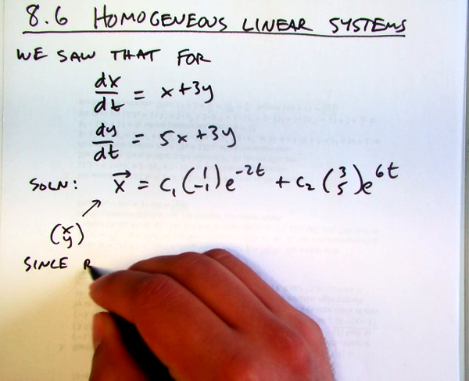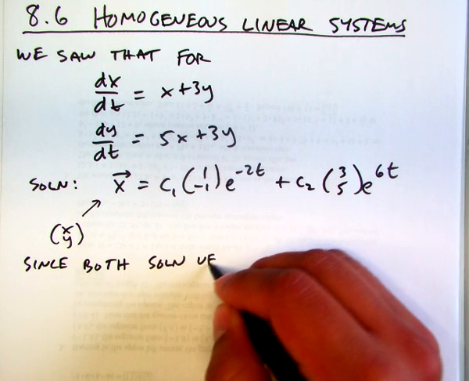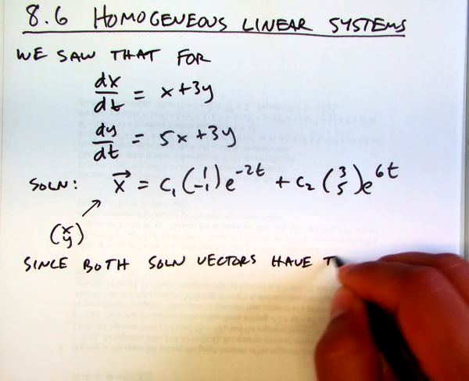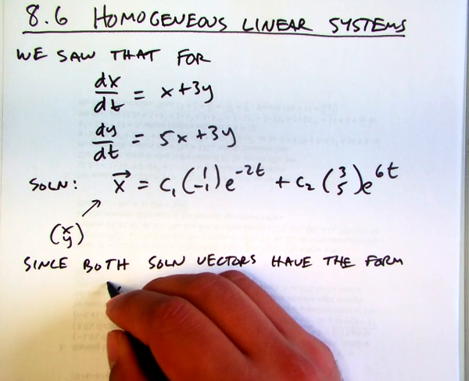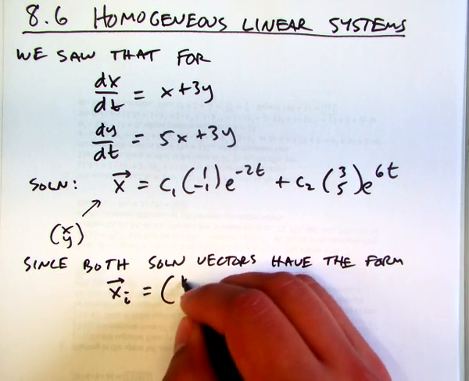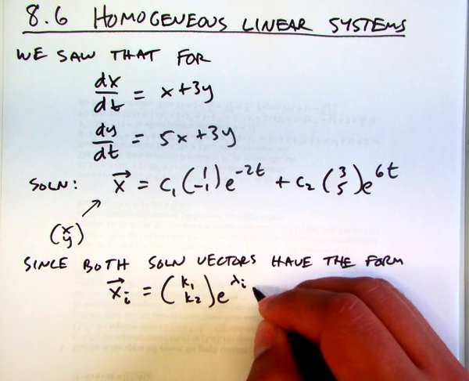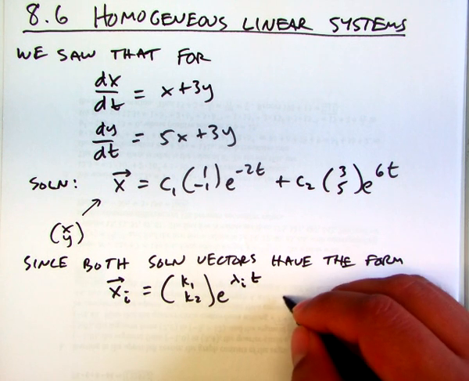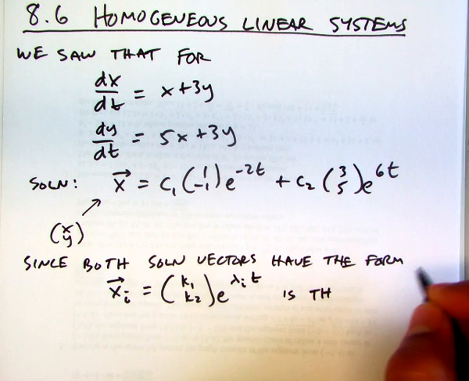Since both solution vectors have the form x_i = (k1, k2) e^(lambda_i t), maybe this is always the case. So is this always true?